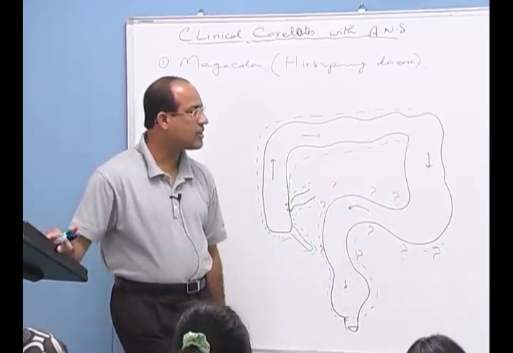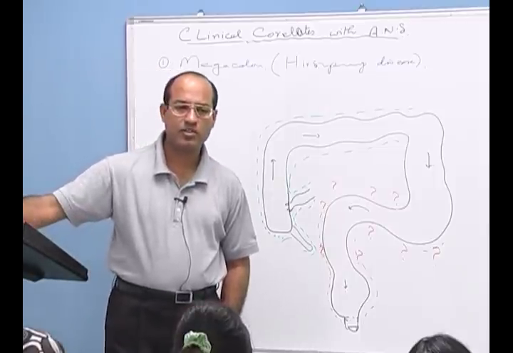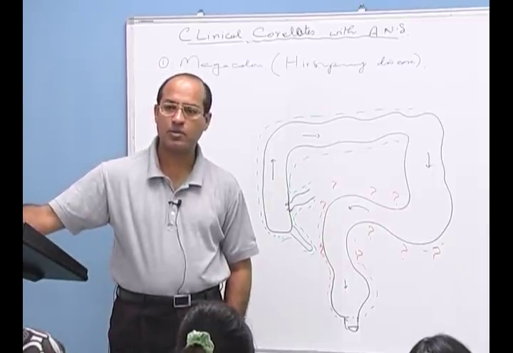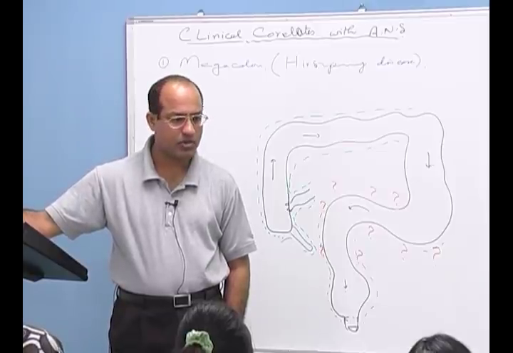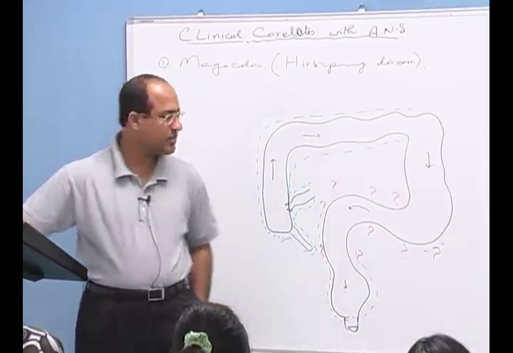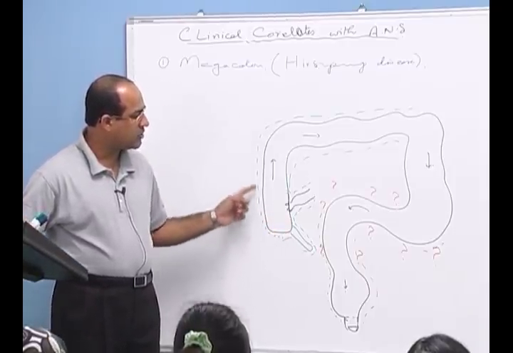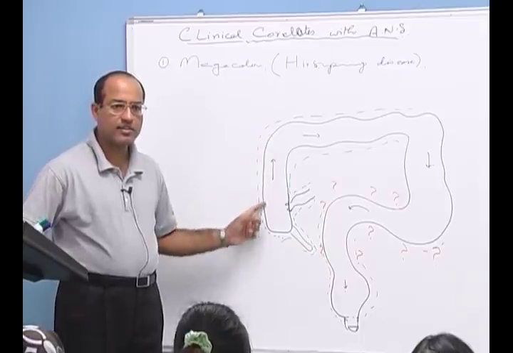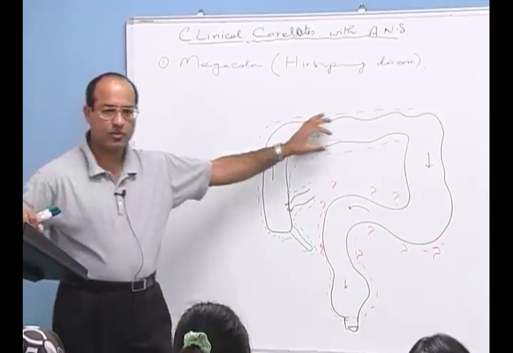Usually this type of problem is more commonly seen in newborn children. If it is a severe problem, it will be diagnosed earlier, but if it is a relatively milder problem, it may be diagnosed later. What really happens in these babies is that the part of the GIT which has ganglia is working well, so it keeps propelling the content of the GIT forward.